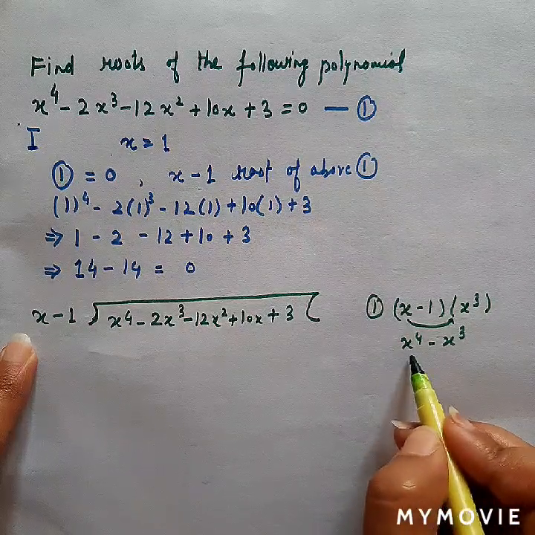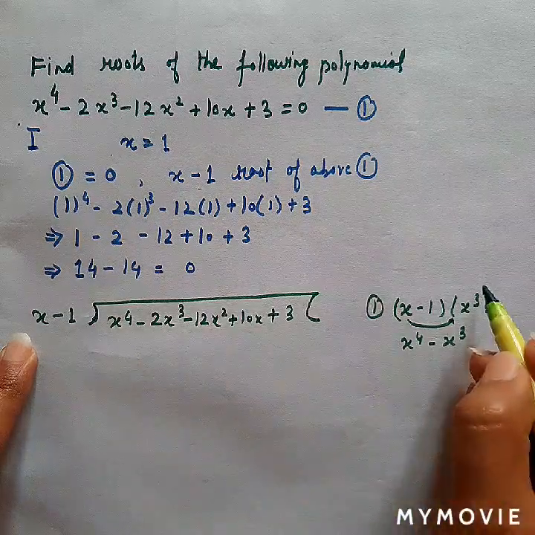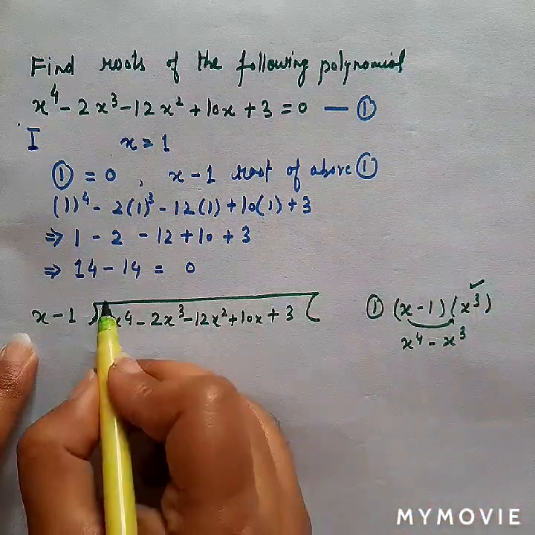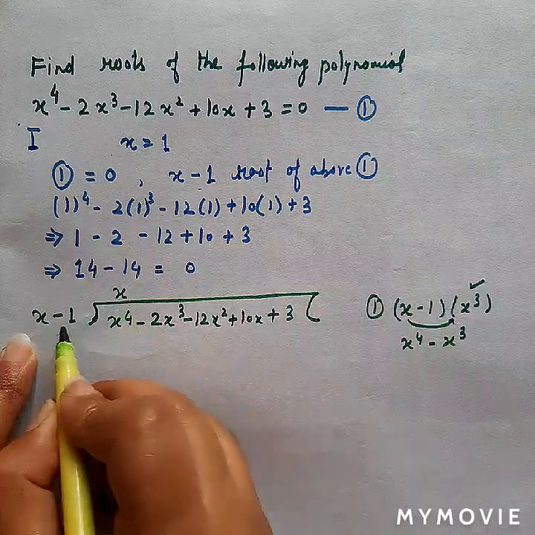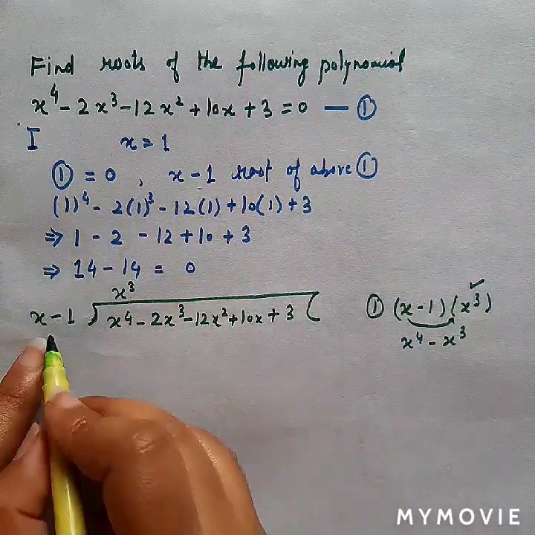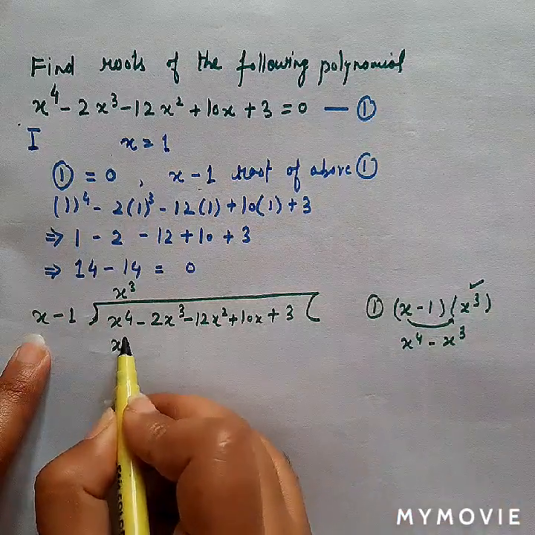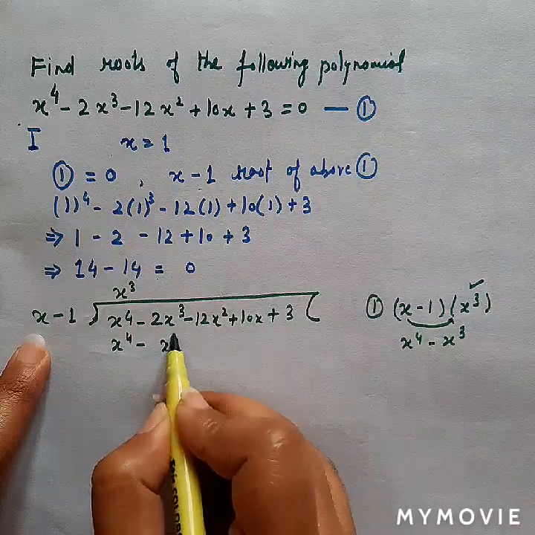So I will get x raised to power 4, which means I can cancel this term. So the first step will be to multiply this with this. So x cube will be our quotient in the first step. After this I will get this term, so write over here x4 minus x cube.